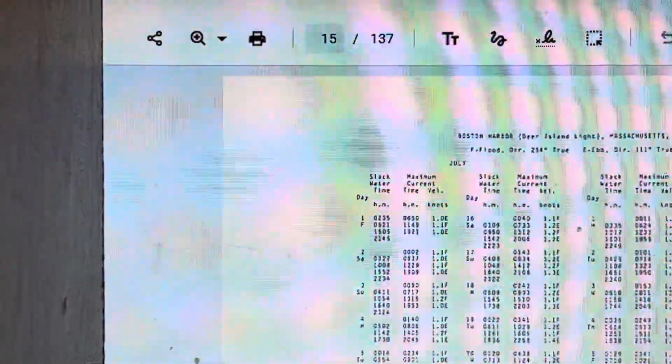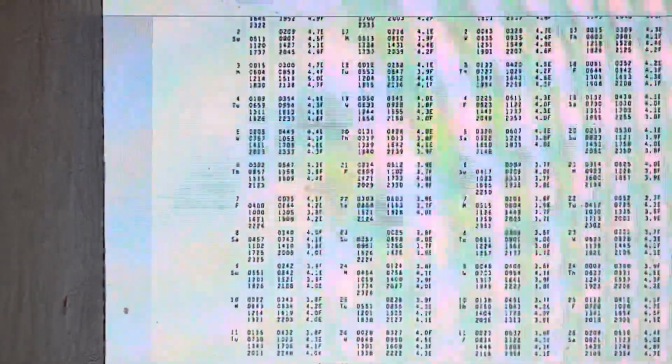So we come back to the book. We're going to jump up to the main station page, which I've written down here. Okay, main stations start at 9, so we're going to go to like 15 and hope that's reasonable. Boston Harbor. Okay, so I have to go a little down then.